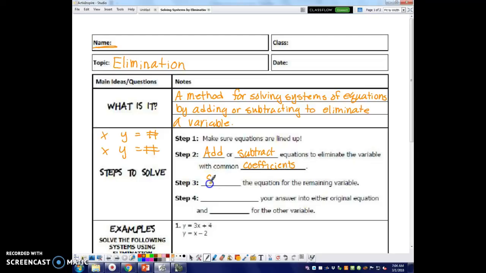Step 3, solve the equation for the remaining variable, and then substitute, we did that the other day, your answer into either original equation and solve for the other variable.